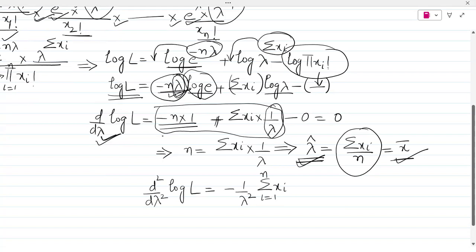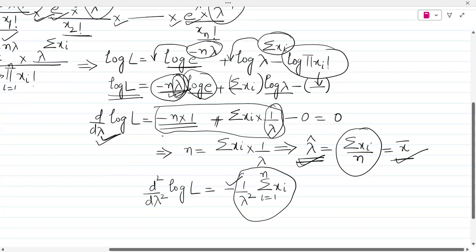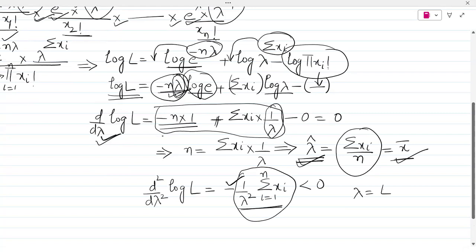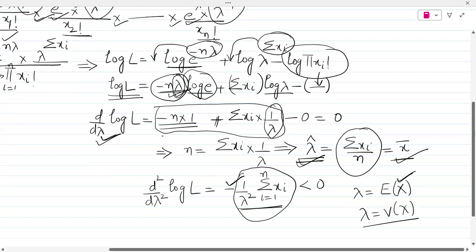Now this expression can never be positive, because of this negative sign it is always negative. Why is the rest of the expression never negative? First of all, what is lambda here? Lambda is the mean of the Poisson distribution, or of the random variable x, and it is also the variance of this Poisson distribution.